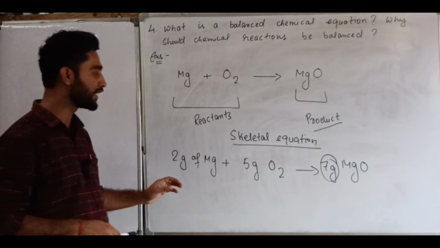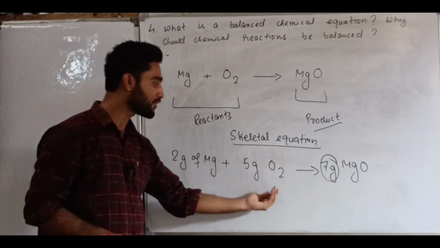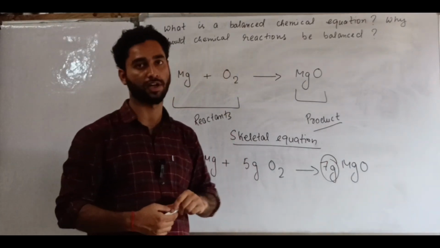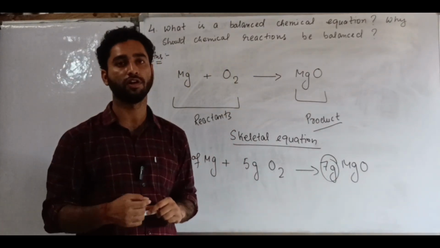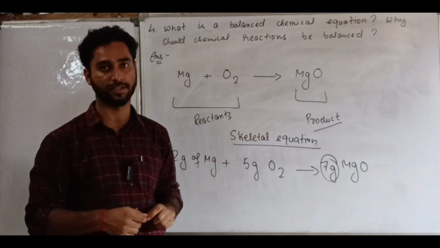So in a chemical reaction, mass can neither be created nor be destroyed. Mass of the reactants always will be equal to the mass of the product. So to satisfy the law of conservation of mass, a reaction should be balanced.